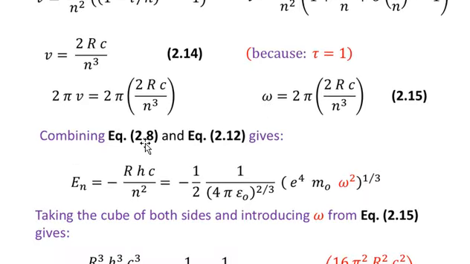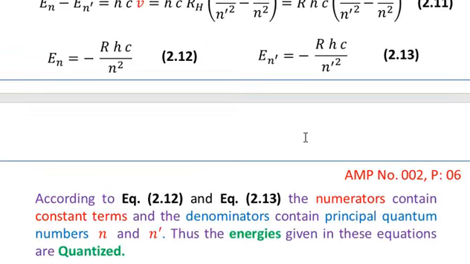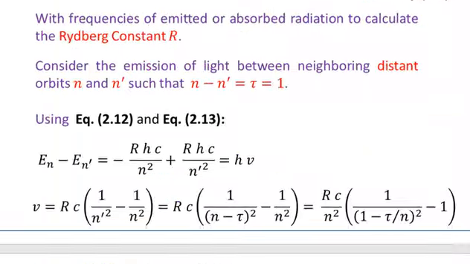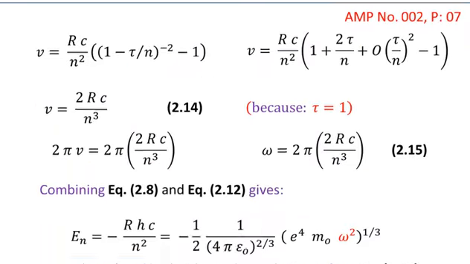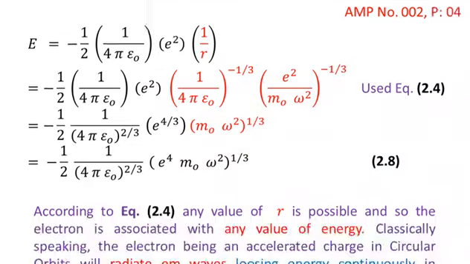Now combining equation numbers 2.8 and 2.12 gives the following. This is equation number 12, and then we are using another equation, which is equation number 8. Let me show you equation number 8 over here.